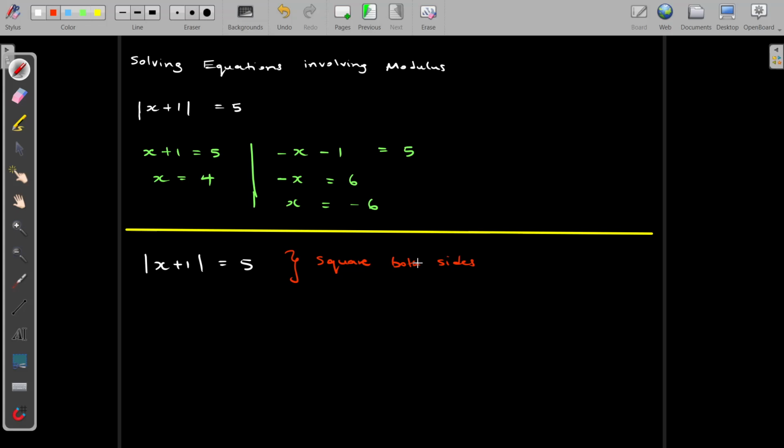If we square both sides, and we're going to ignore the modulus symbol for a second, we'll have x plus 1 all squared is equal to 5 squared.